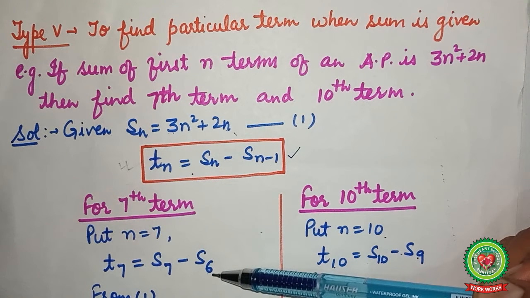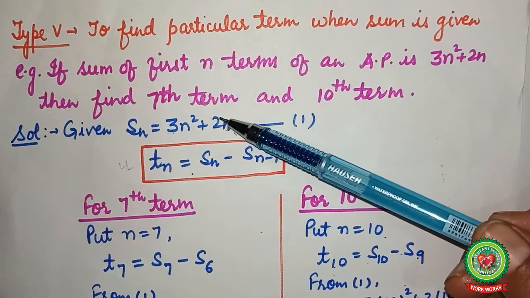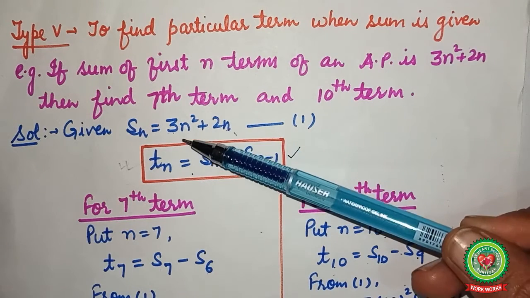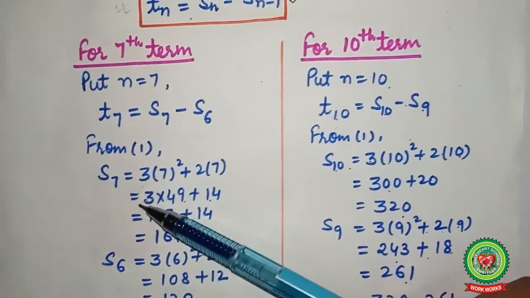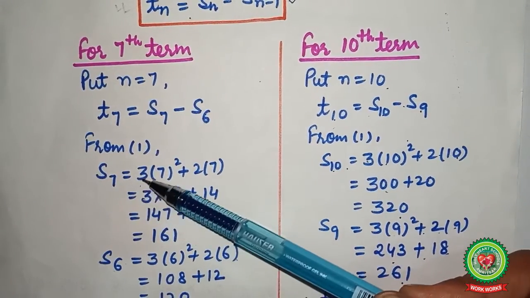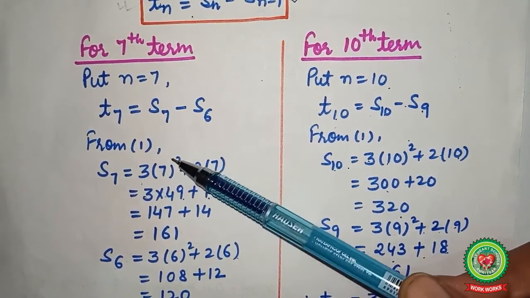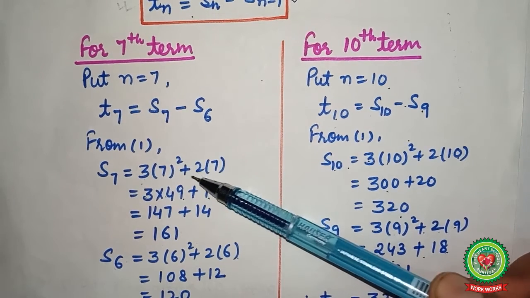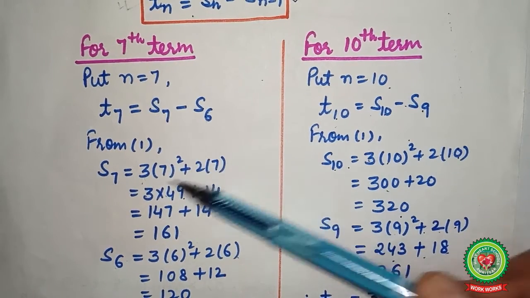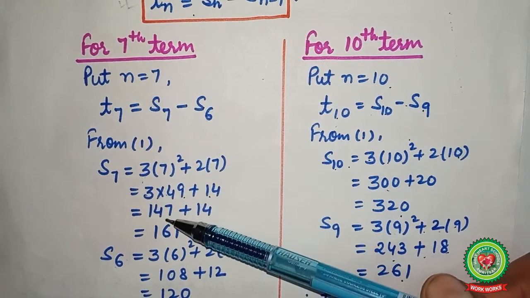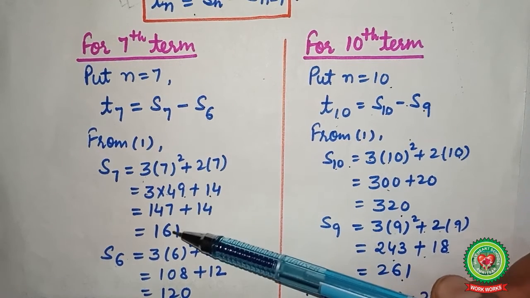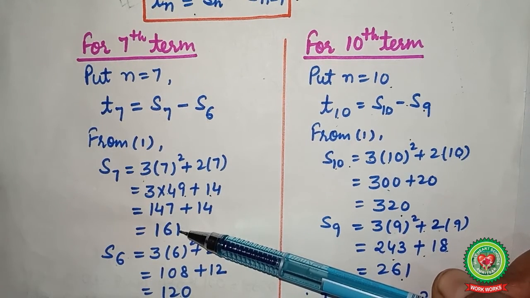Now we will find the value of S7 and S6 using equation 1. In place of n, we will put the value. So from first, S7 is equal to 3 into 7 square plus 2 into 7. So it is 3 into 49 plus 14. 147 plus 14 is equal to 161.